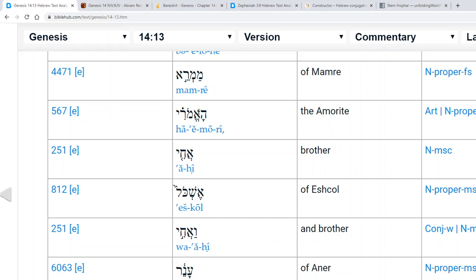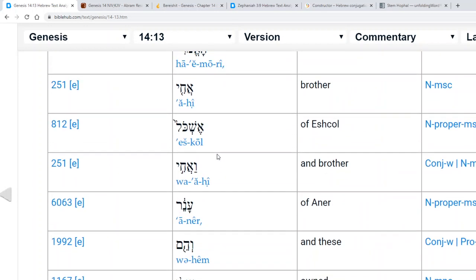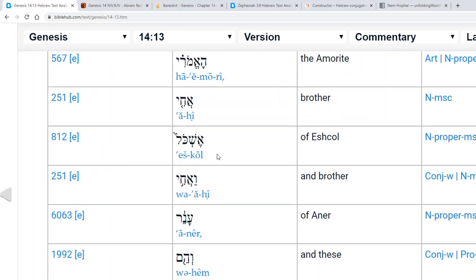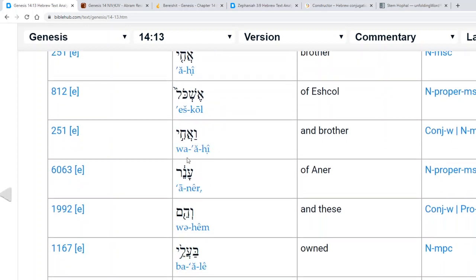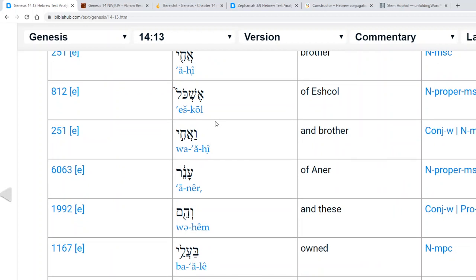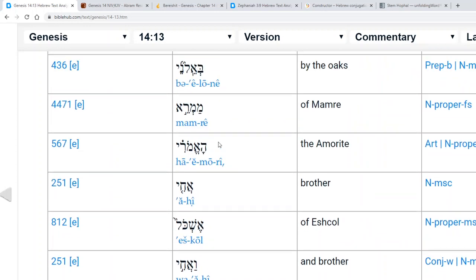Ha-Emori, right? The Amorites. Achi Eshkol, the brother of Eshkol. The Amorites were the brothers of Eshkol. The Achi Aner, and the brothers of Aner, right? Achi Eshkol, right? And then, so these are names. That's curious.